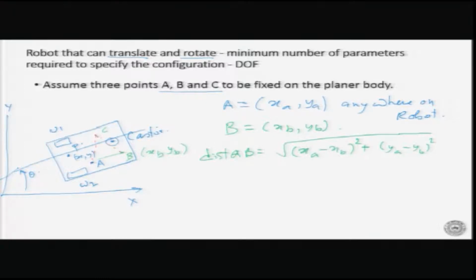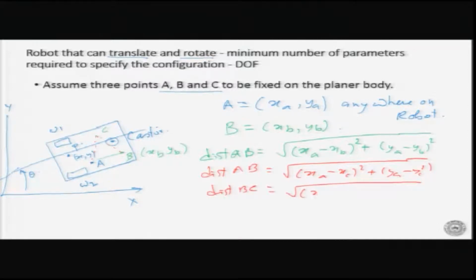So, the distance AC, which is equal to root of (xA minus xC) squared plus (yA minus yC) squared, will get fixed, and the distance BC is equal to root of (xB minus xC) squared plus (yB minus yC) squared.